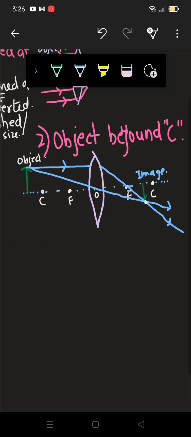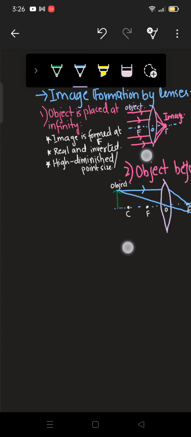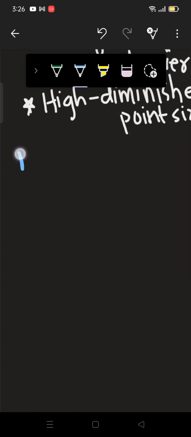As you can see, when we place the object beyond c, the image is formed between f and c. Here I can write its properties as well. What are the properties? First we go with the location. Where is the image formed?